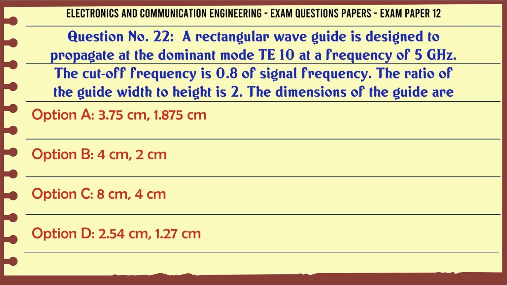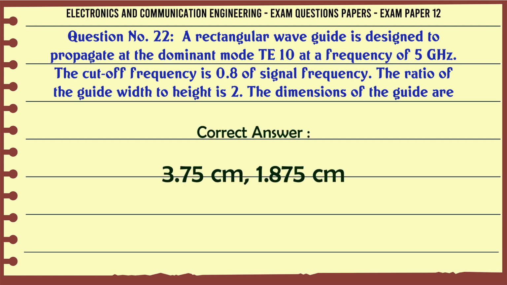The dimensions of the guide are A) 3.75 cm, 1.875 cm, B) 4 cm, 2 cm, C) 8 cm, 4 cm, D) 2.54 cm, 1.27 cm. The correct answer is 3.75 cm, 1.875 cm.